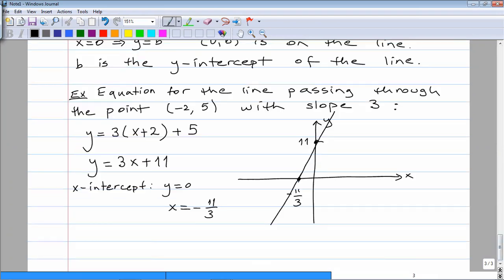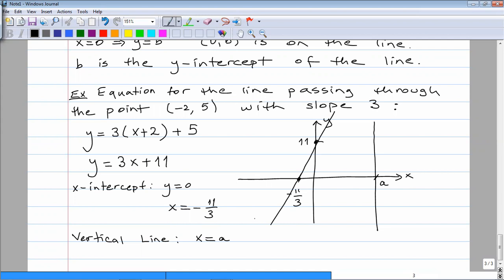What if your line is vertical? Vertical lines have equations like this: if you have a vertical line passing through the point x equals a, it means every point on your line has the same x coordinate. So its equation is x equals a constant number a.